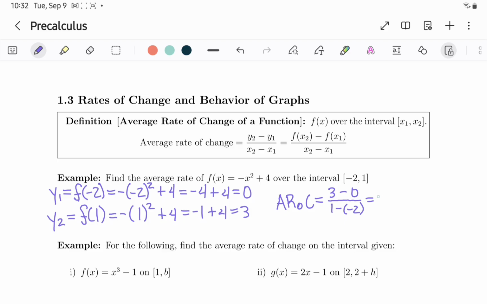So now we just want to simplify from here. In the numerator, we have 3 minus 0 is just 3. In the denominator, we have 1 minus a negative 2 is going to become a 1 plus 2, which is 3. So we have 3 over 3, which reduces to 1. So the average rate of change of f over the interval from negative 2 to 1 is just going to be 1.